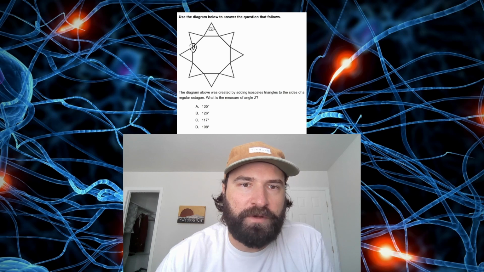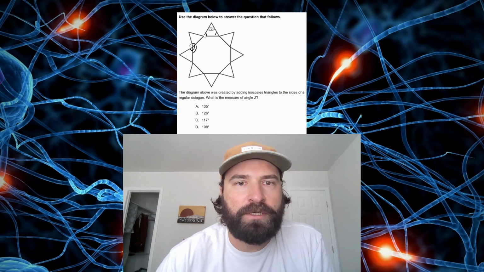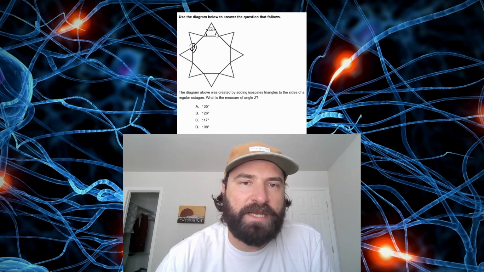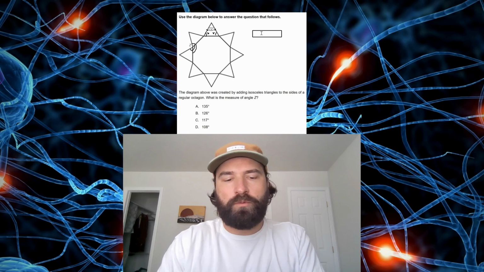First off, we can figure out these corner angles because this is an isosceles triangle, so these two sides are going to be the same, which means the base angles are also the same. And we know that all of the angles in a triangle add up to 180, so if we call these little angles x, we can develop an equation.